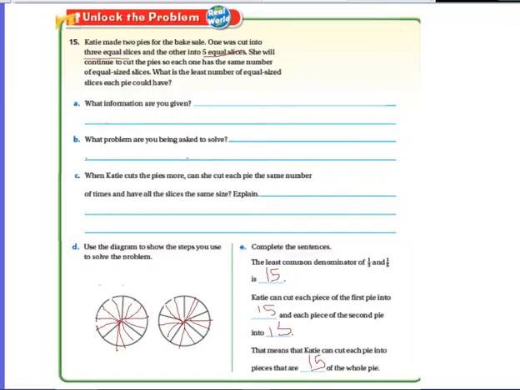Then I would like you to work on your own on page 373, finding a common denominator and solving the problems. On the spiral review, you don't need to do the spiral review, just cross that part out. That's not part of your homework. And hopefully this will, now that we found the common denominator, help us add and subtract fractions a lot easier.